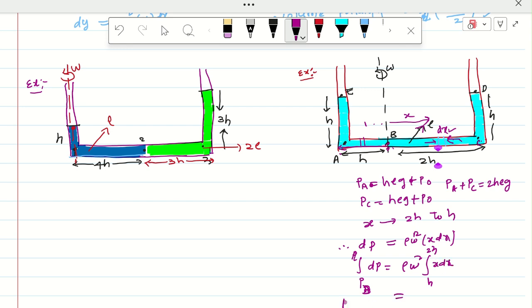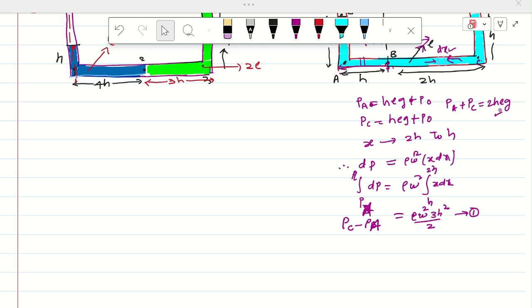So PC minus PB is equal to rho omega square into (2h) whole square, that is 4h square, minus 3h square by 2. So this is one equation kept aside. Here the integration from 0 to 2h means PB will come. Here this is PA only, PC minus PA. Right. So I already got this value of PC minus PA.